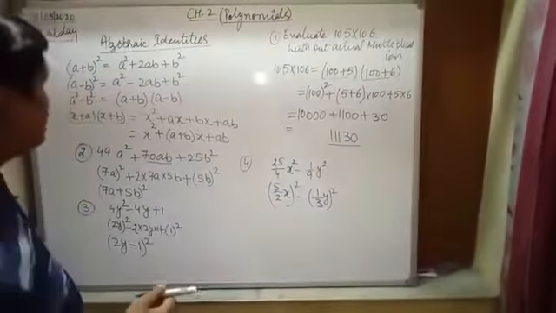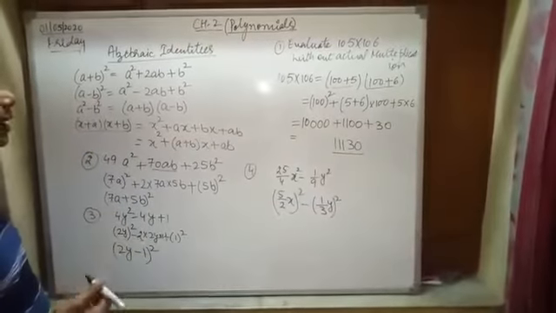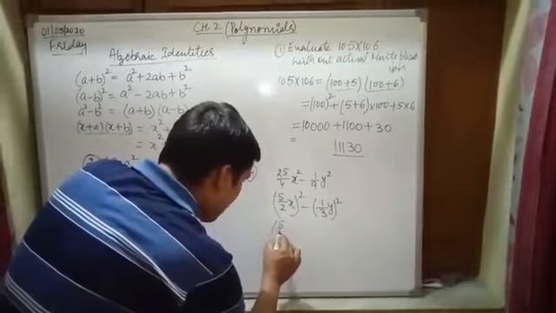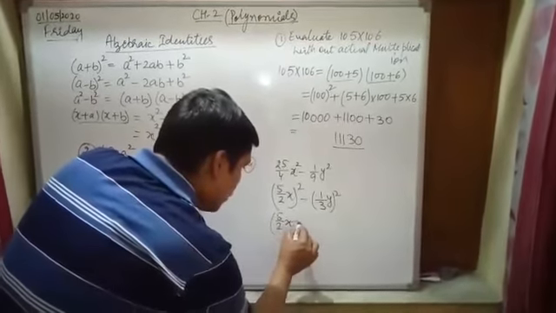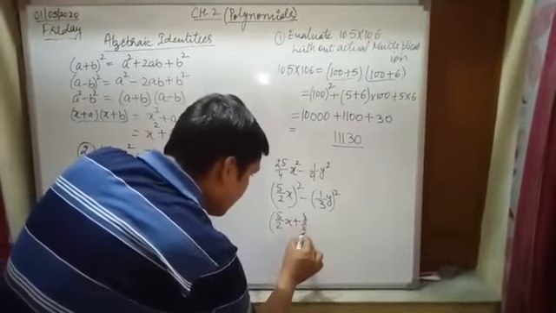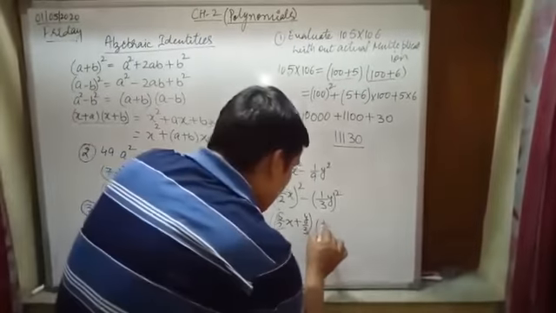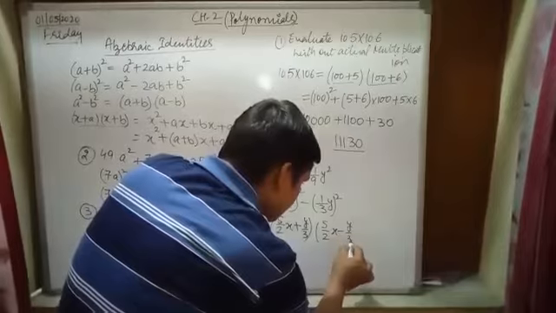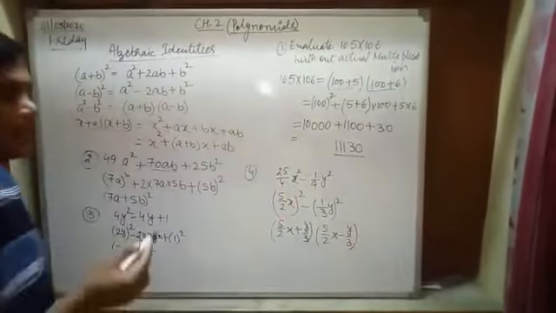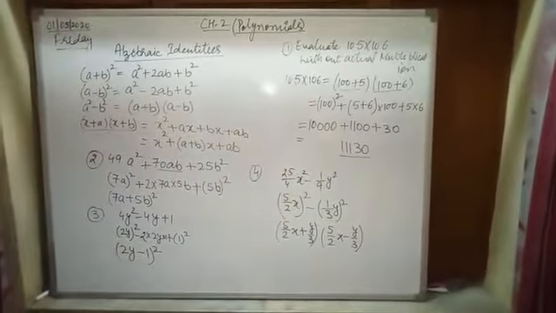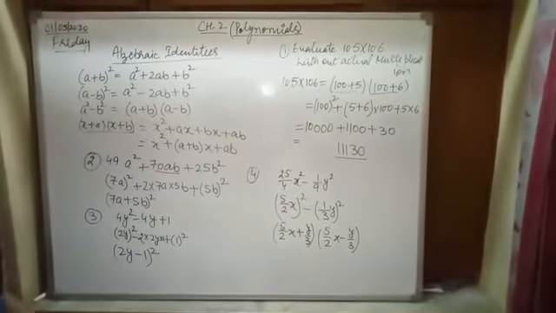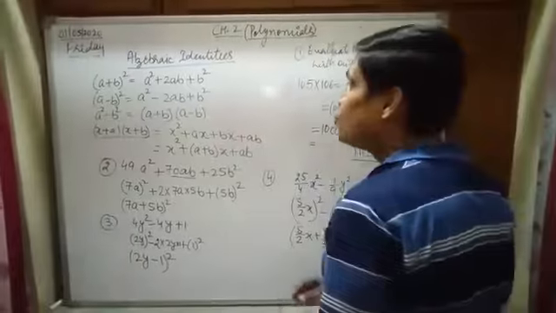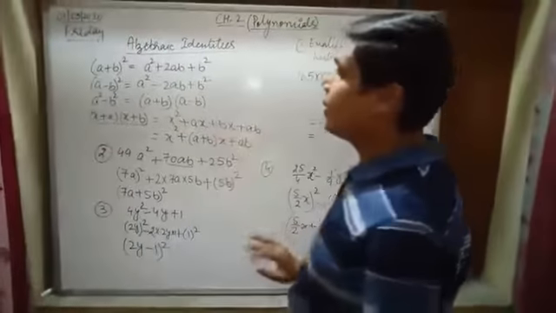The formula for a square minus b square is one time plus and one time minus. So we will write it as (5 by 2 x plus 1 by 3 y)(5 by 2 x minus 1 by 3 y). One time plus and one time minus. These are the factors of the given question. This time I told you only four identities.